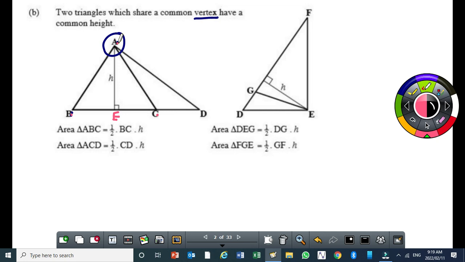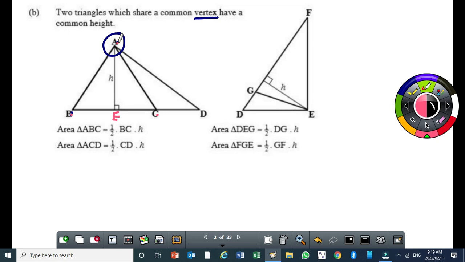So as long as two triangles have points along the base that are collinear, and if they share a common vertex, it therefore means that they have a common height. Please, this is only true if their bases have points that are collinear.